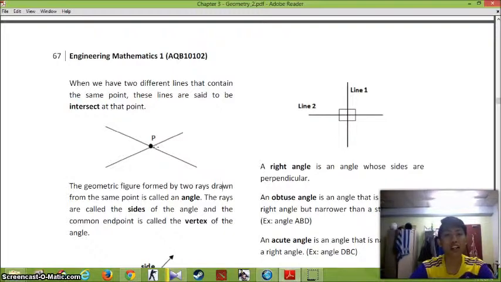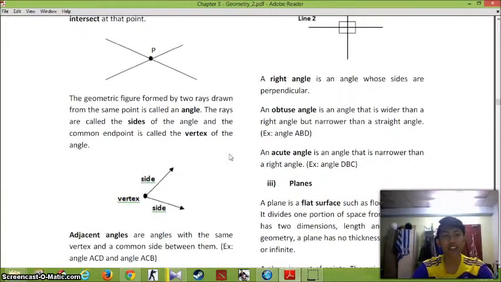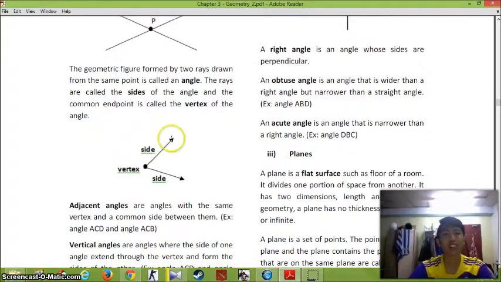The rays are called the sides of the angle, and the common endpoint is called the vertex of the angle. Here is an example of the vertex of the angle. This is the vertex and this is the side.